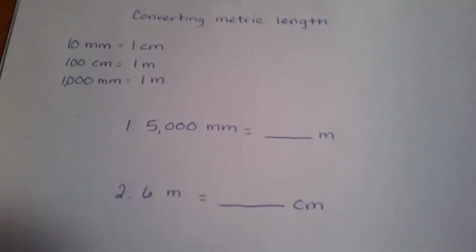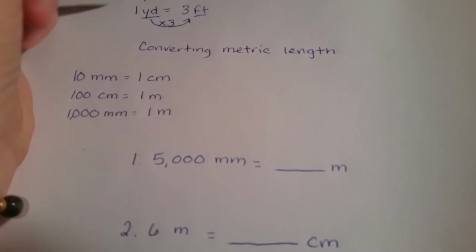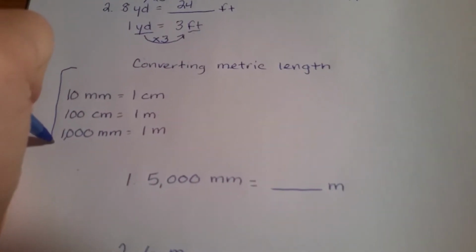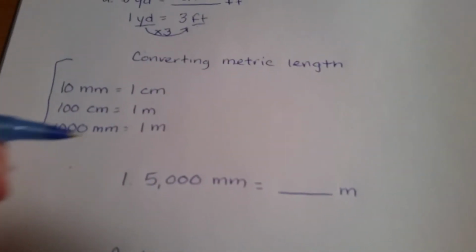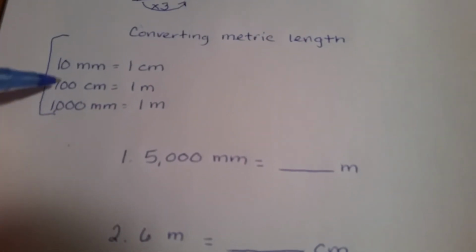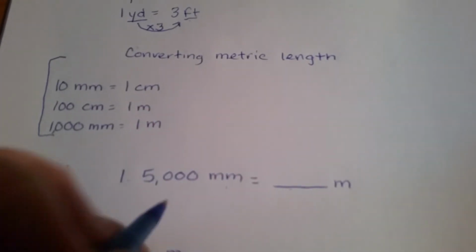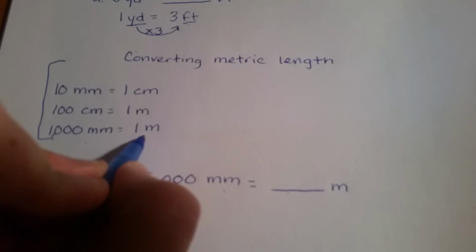Okay. So now converting metric measurement is not any different. Again, the biggest part about any of this stuff is knowing these conversions right here, and you got these on Friday. So I'm going from 5,000 millimeters to how many meters? So how many millimeters equals 1 meter?